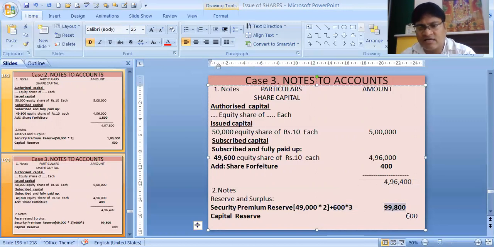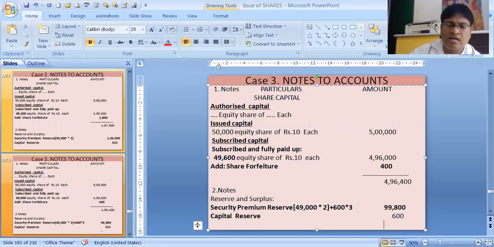And capital reserve is 600, which we have just now passed in the journal entry. So 99,800 plus 600, that is 1 lakh, that is nothing but how much? 1,04,00,000 is our amount of reserves and surplus which will be transferred into the balance sheet.